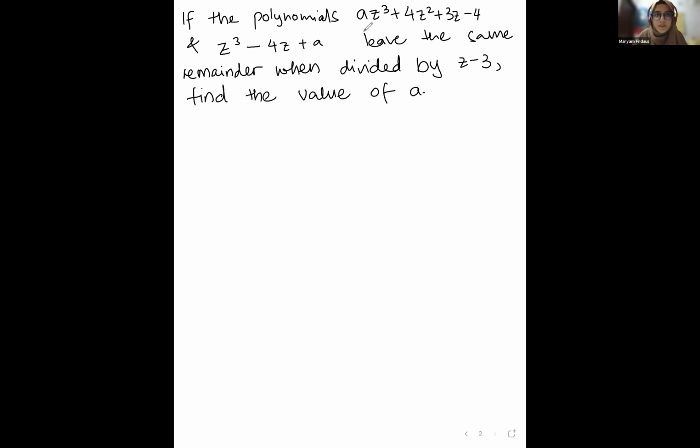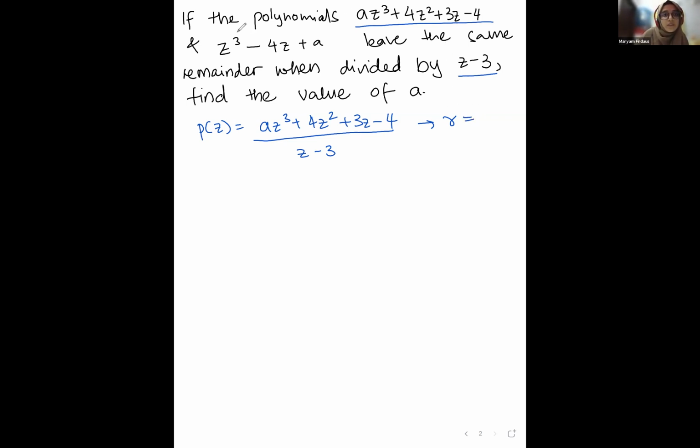Okay. So first, this is our polynomial p of z, and this is z minus 3. When this is divided by z minus 3, they are saying the remainder is the same as the remainder when the other is divided by z minus 3.